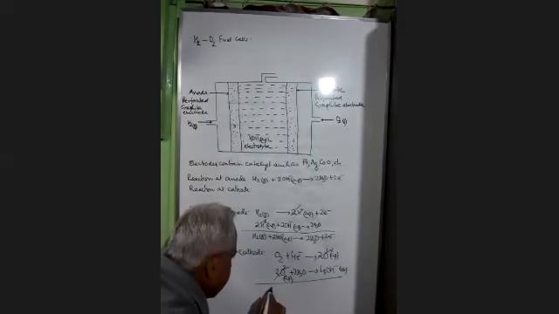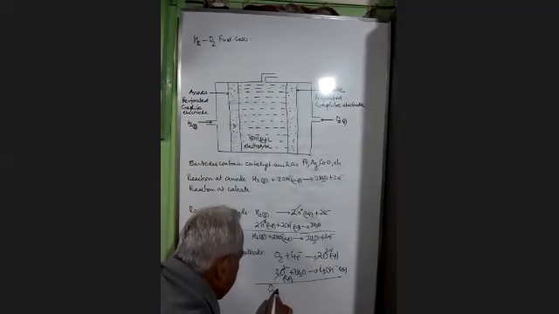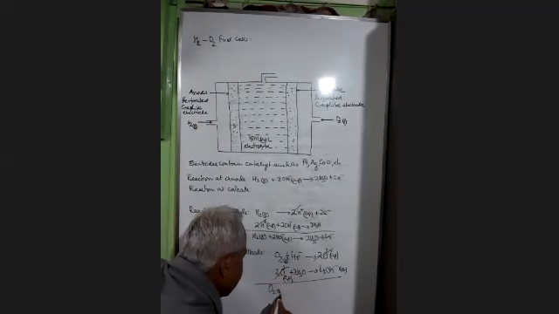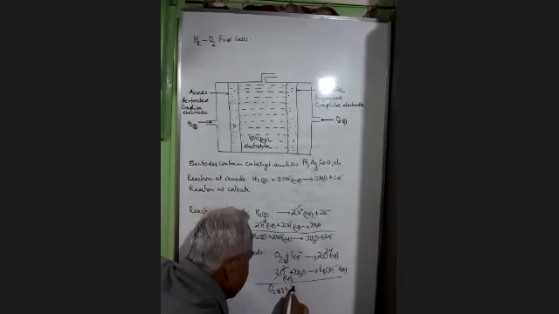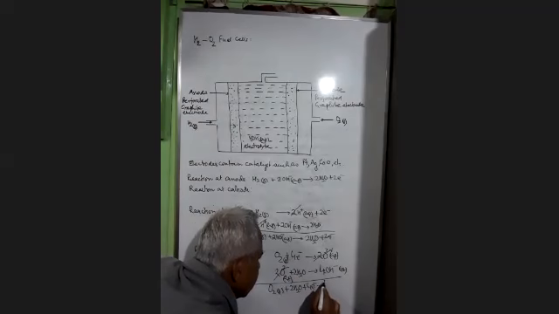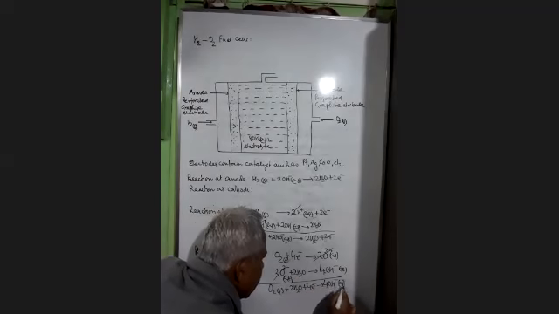It will be O2. Sorry, I have to write here G. 2H2O, 4 electron gives me 4 OH minus. Okay, so I'll write now.